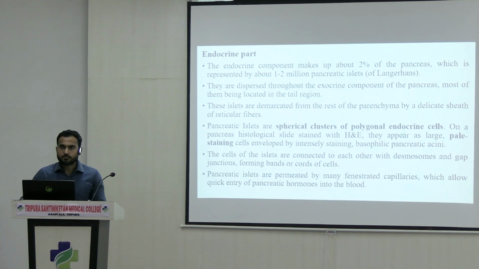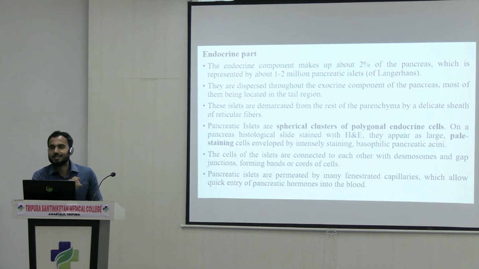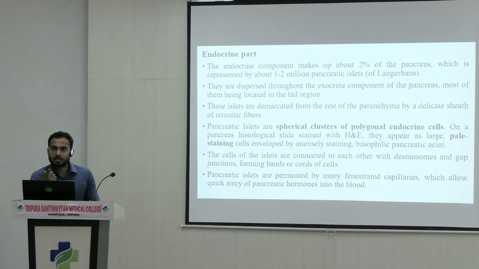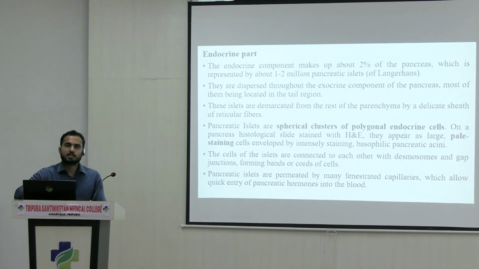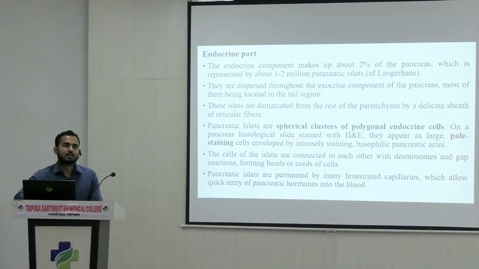Just now I mentioned the duct system. That duct system is associated with the exocrine part. Whenever you look at the exocrine pancreas under high magnification, you can see the centroacinar cell, and if you trace the centroacinar cell, you will get the duct pattern.